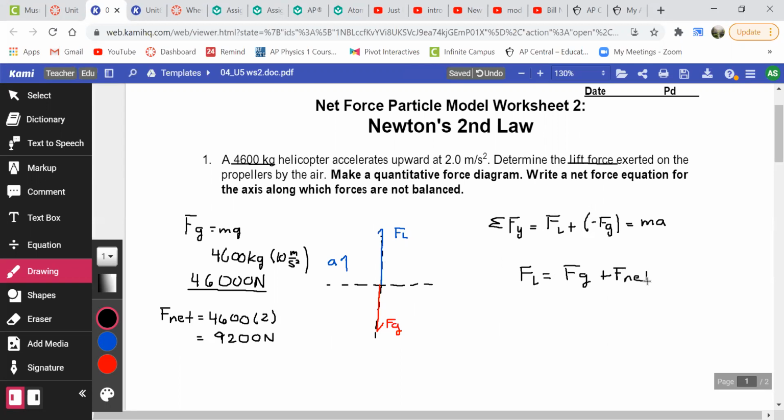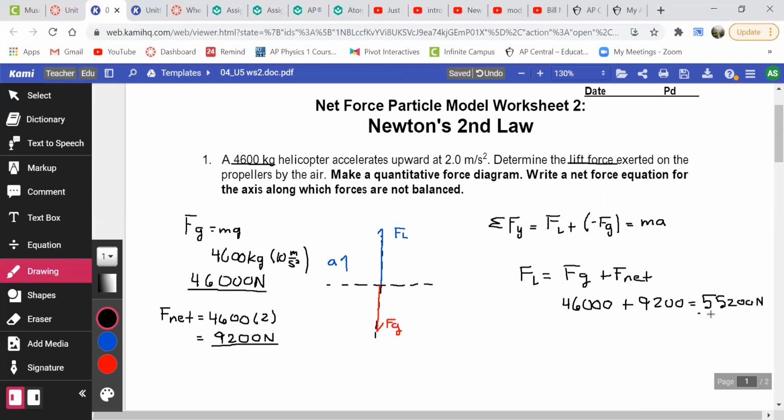All right, now we have values for both of these. We have just solved that net force is 9,200 and that the force of gravity is 46,000. So we plug those values in. Force of gravity here's 46,000 plus 9,200. And this is equal to 55,200 newtons.